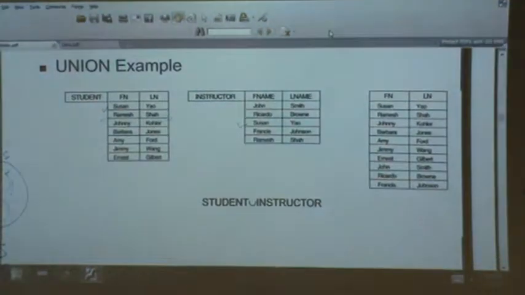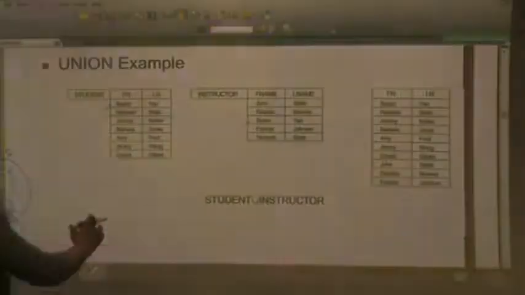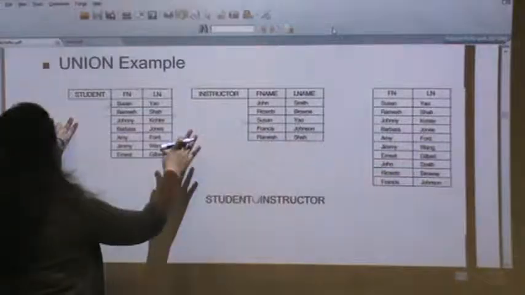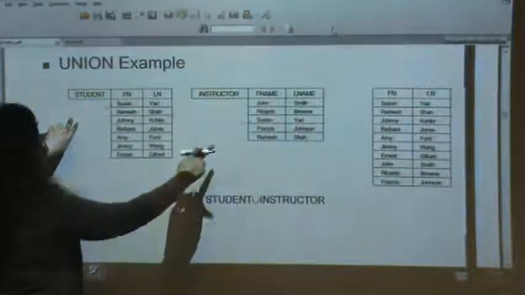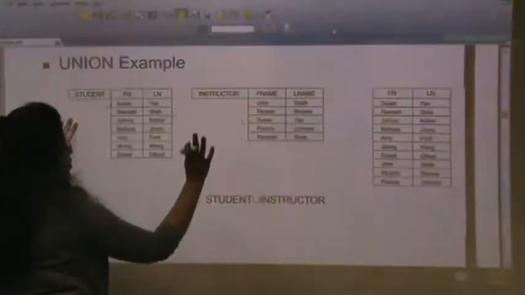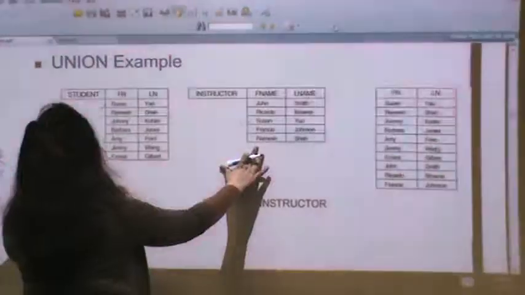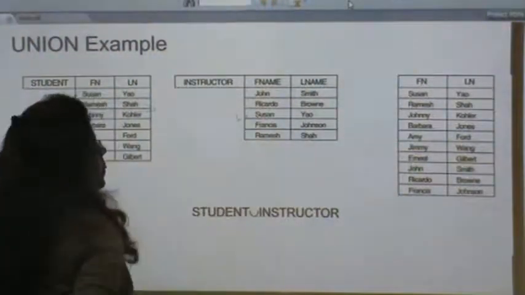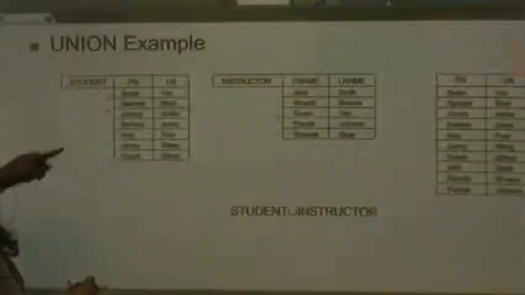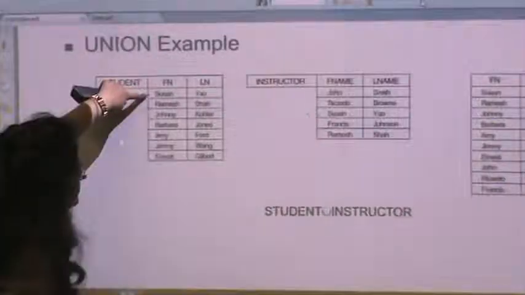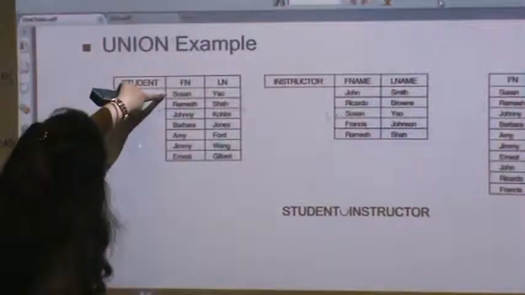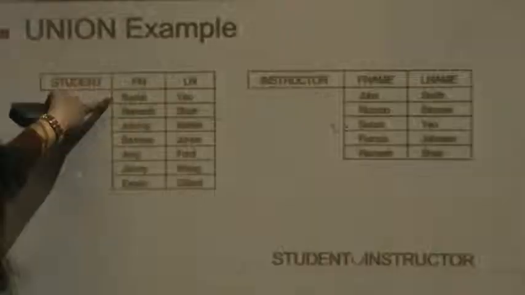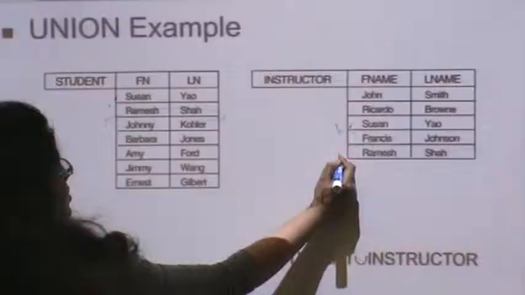This is the common row. So when you are doing minus, if it's student minus instructor, then all of the rows will be there. Only this row will be gone. If it's instructor minus student, then all of them will be there. Only that will be gone. And if it's intersection, then only this and one more remain, the last one.